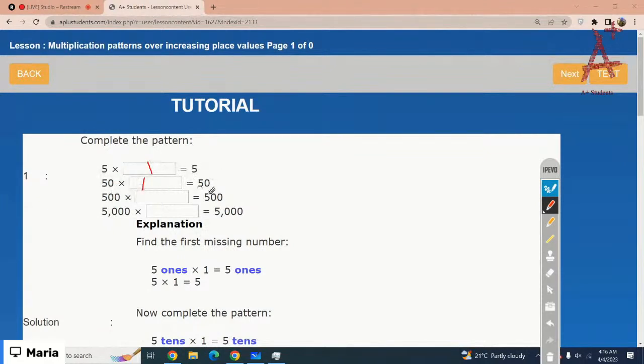Then 500 times what number makes 500? 500 times 1 makes 500, got it? Then 5000 times 1 makes 5000. Basically, the concept is 1 multiplied by any number equals the same number, got it? Like we multiply by 5, 50, 500, 5000, the answer is exactly the same.